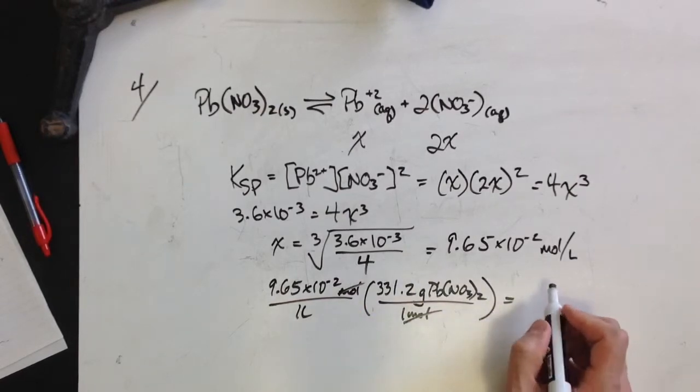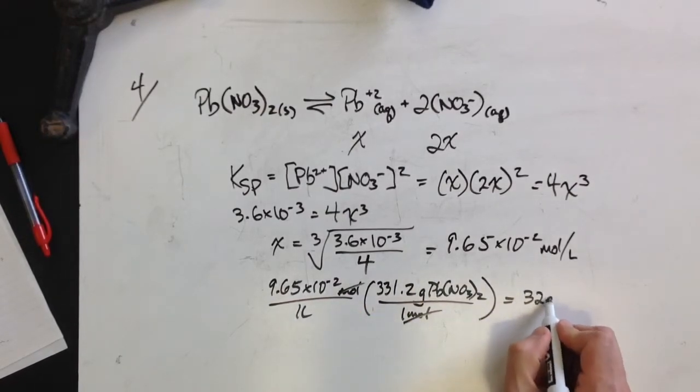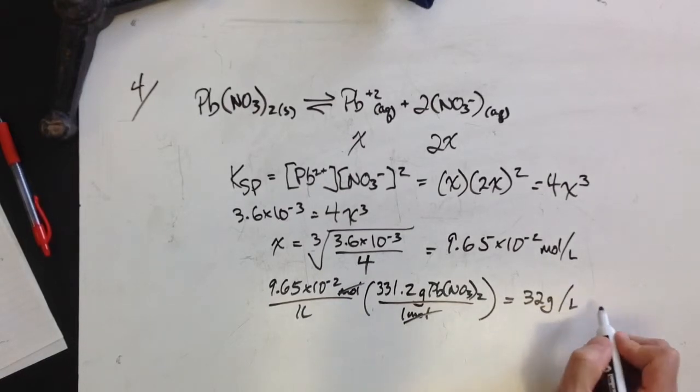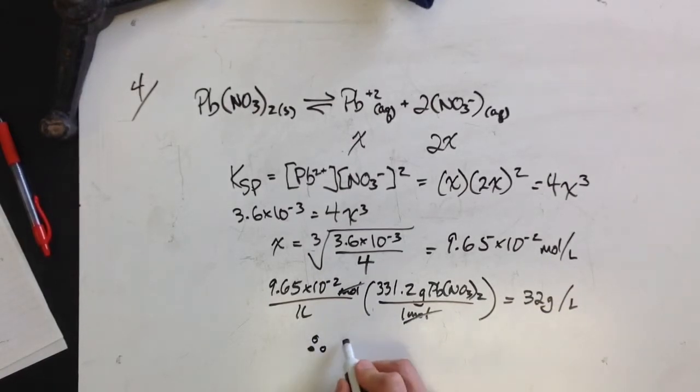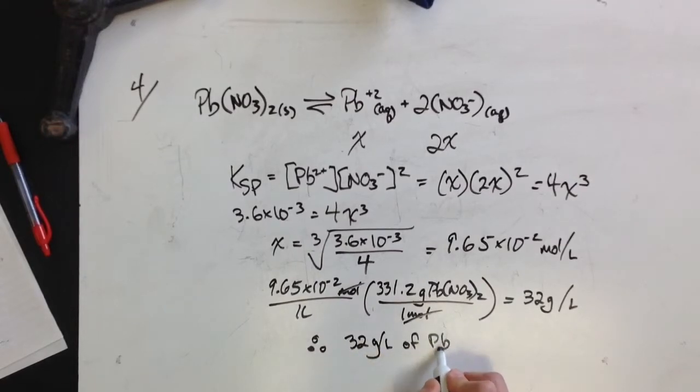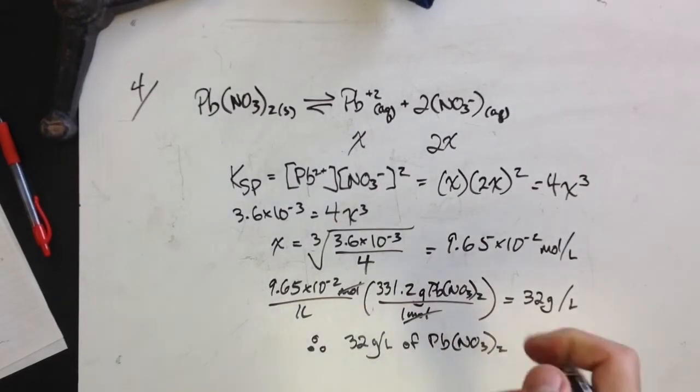Moles cancel, and we end up with 32 grams per liter. Therefore, 32 grams per liter of lead nitrate. So there you go.